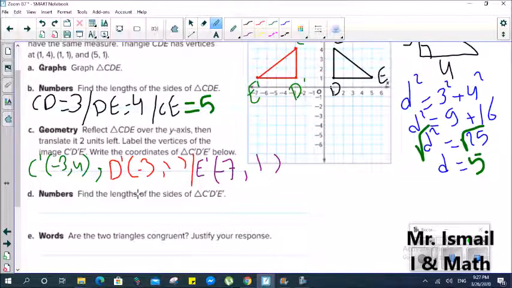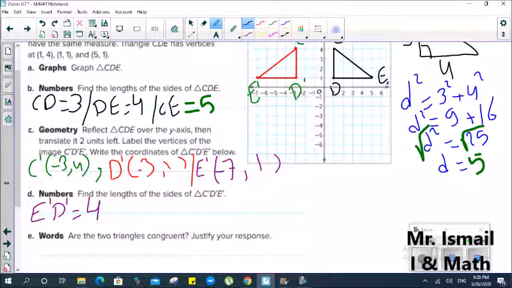Find the length of the sides of triangle C prime, D prime, E prime. E prime, D prime. Count how many squares. 1, 2, 3, 4. Means 4.